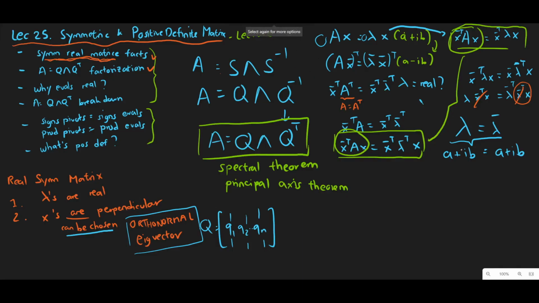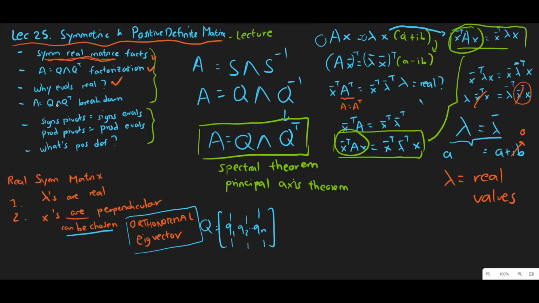This should not have the imaginary part. So a equals a plus ib only when b is 0. So this proves that our lambda is real valued. So we finish this third point.